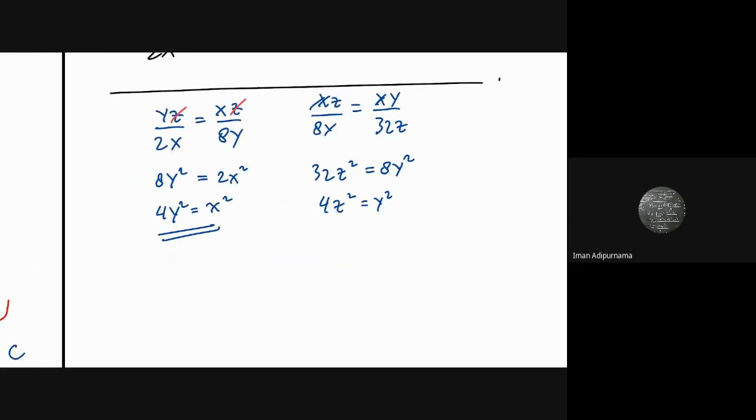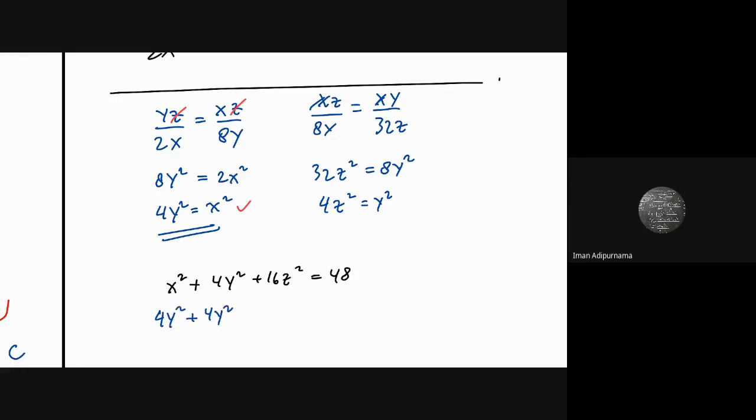Now we have all these relations. Now we can look at our constraint. Our constraint is this. Okay, we can exchange x with 4y. So this will be 4y squared.